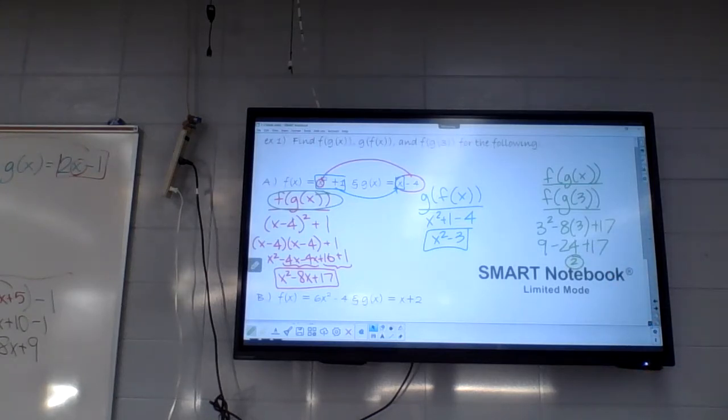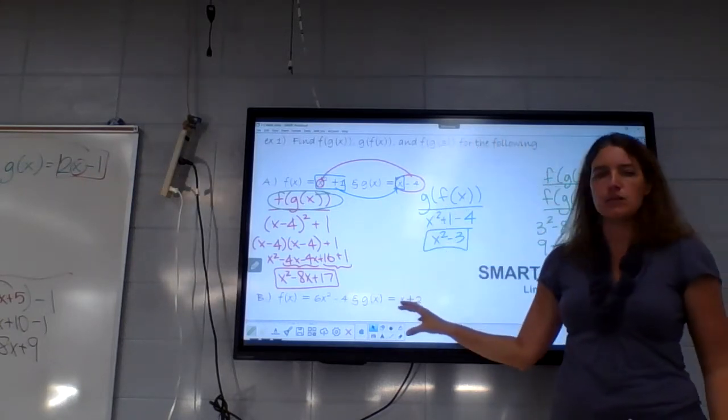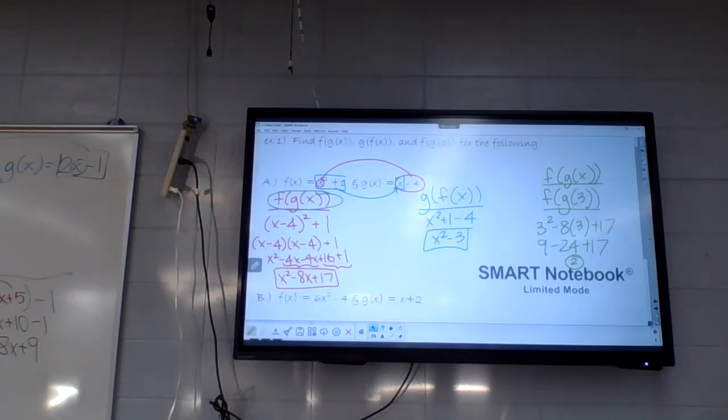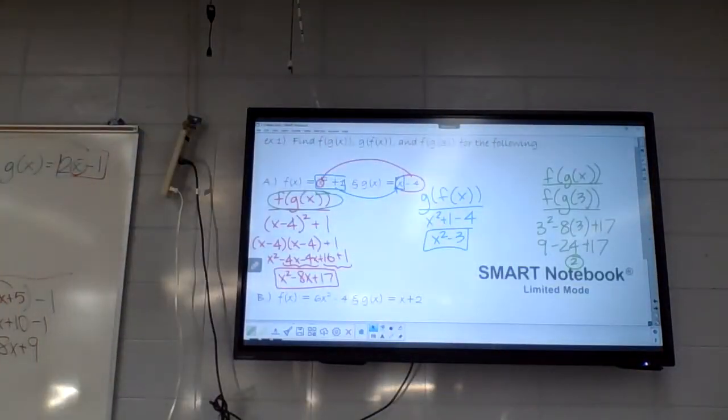All right, the next problem is very similar. It is a little bit tougher, but I want to give you guys some time to try it. So why don't you try the next one. We're doing the same 3 steps with this next one for letter B. There's a part A, B, and C for each of these. They give you 2 new functions to work with.